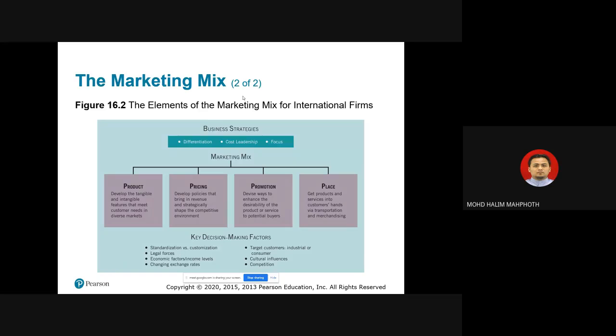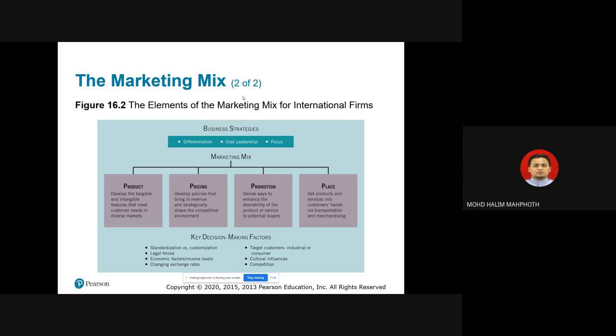Because some technical equipment like machinery is more for the industrial, because you have to guide face to face about what your product is all about. So you have to explain, you have to assist how to use the product. That technical part is more for the industrial product.